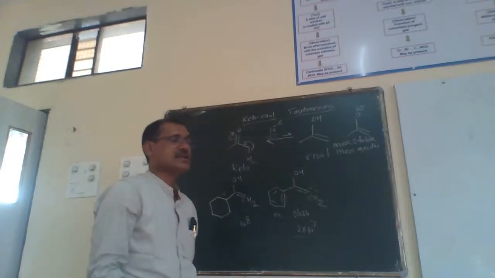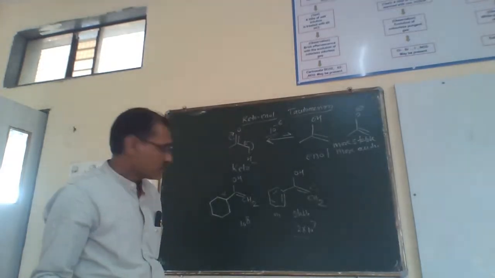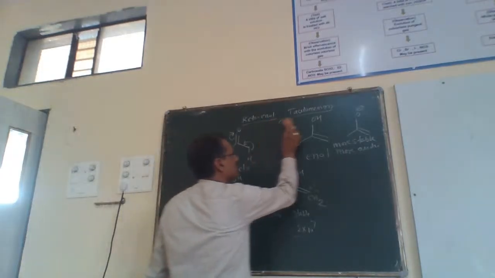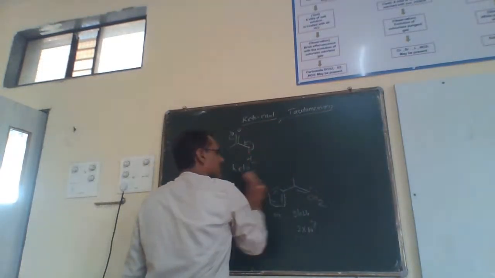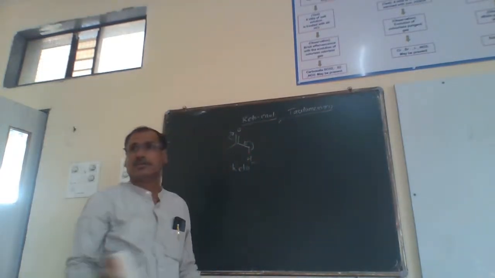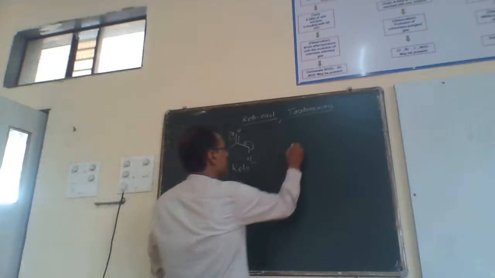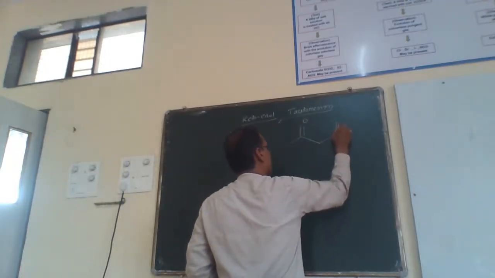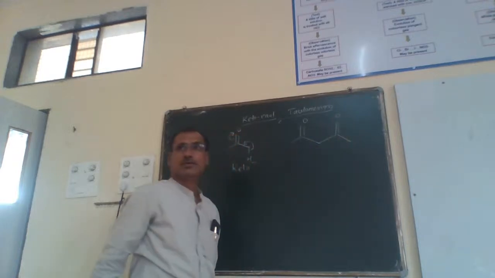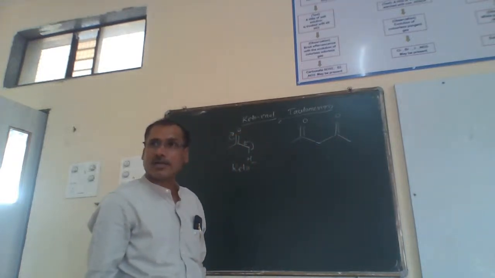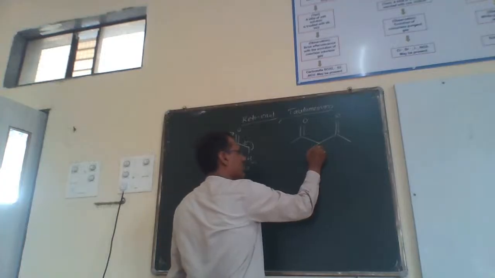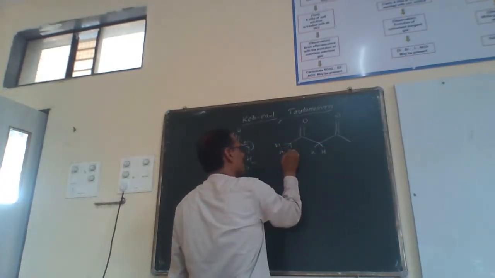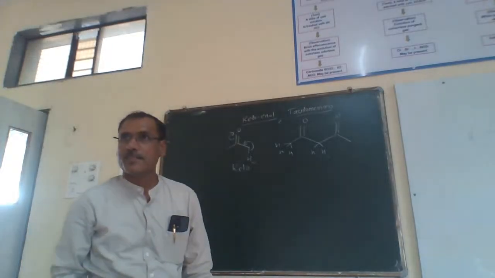Now third factor is hydrogen bonding. Now sometimes what happens? Let us again deal with the same ketone. And if this ketone is again having a C double bond O here. Now you have 2 alpha hydrogens here and 3 alpha hydrogens here.